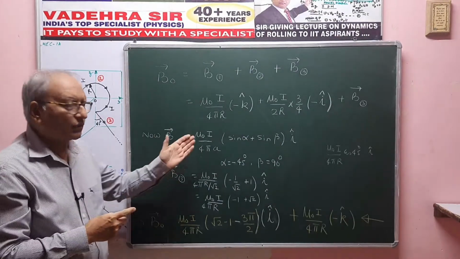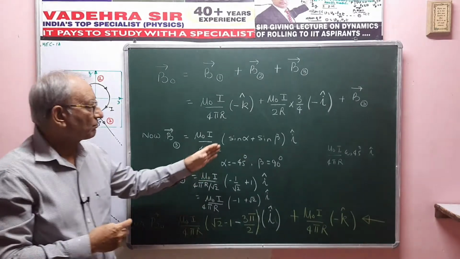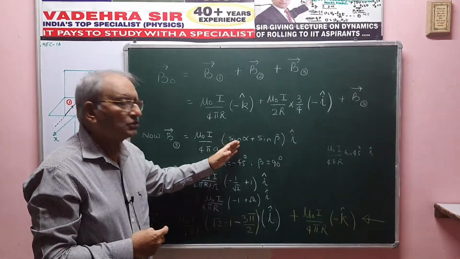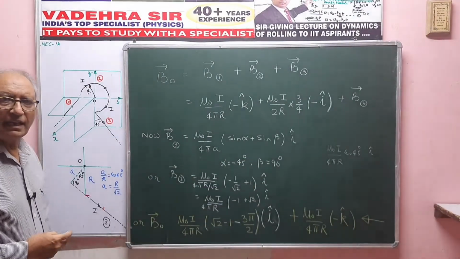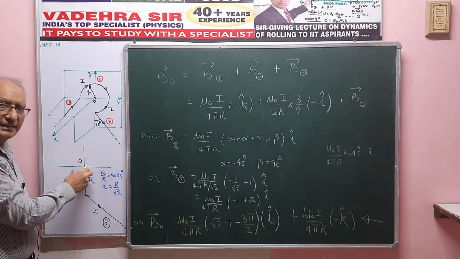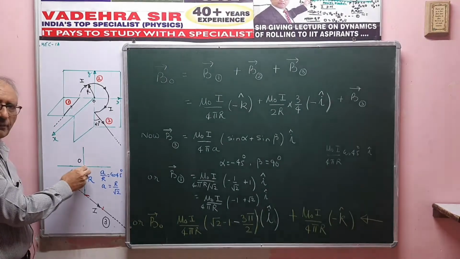Well, the concept is of course mu naught I by 4 pi A into sine alpha plus sine beta, where A is the perpendicular distance from the point O on the wire, and alpha and beta are the angles when I join the ends, extremities of the wire from the point O.